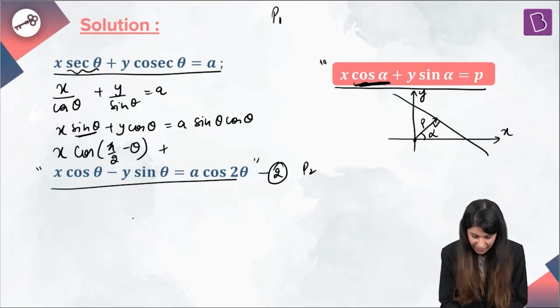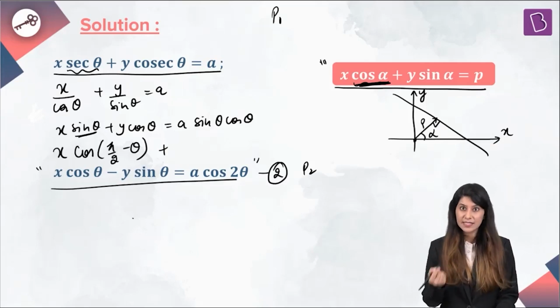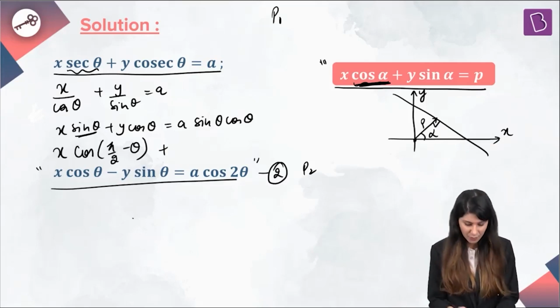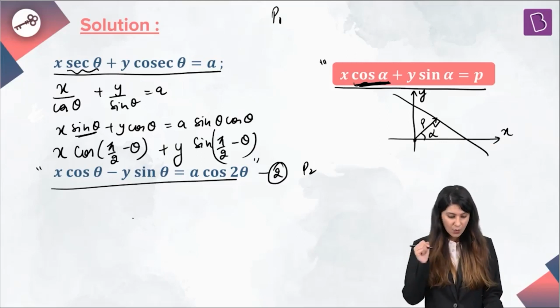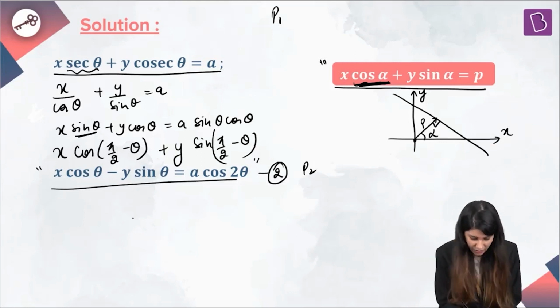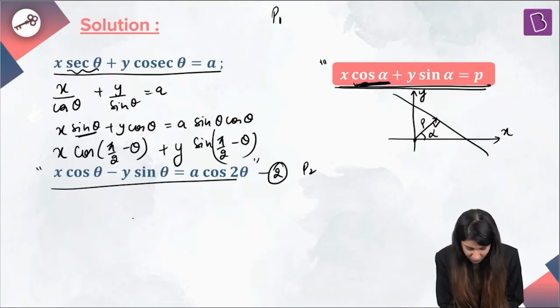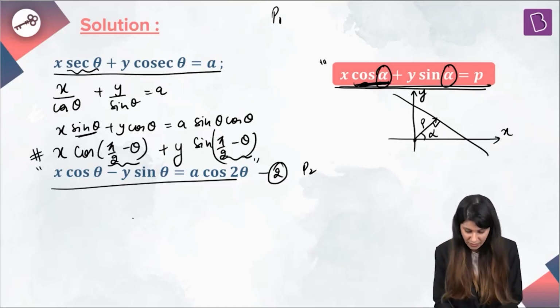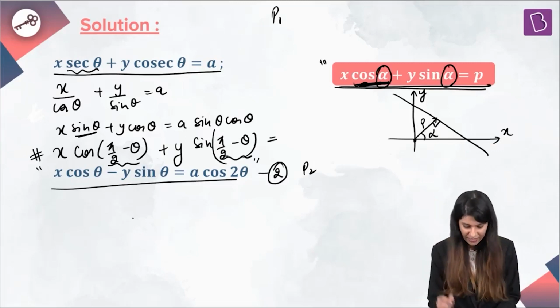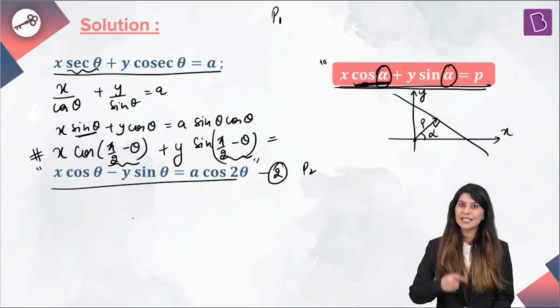Similarly, this is replaced by pi by 2 minus theta, so I'm going to replace this by y sine of pi by 2 minus theta, since y has sine as a term. So here, if I compare this normal form with this equation, pi by 2 minus theta is alpha. On the right hand side, what do I have? The same thing, a sine theta cos theta.